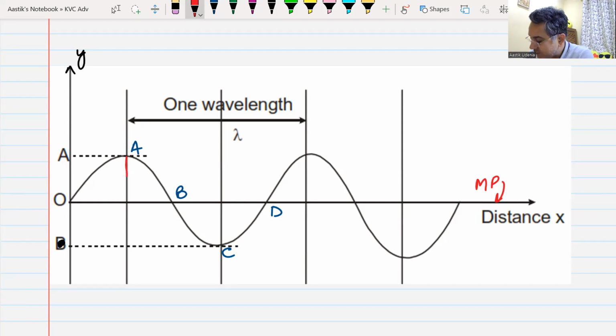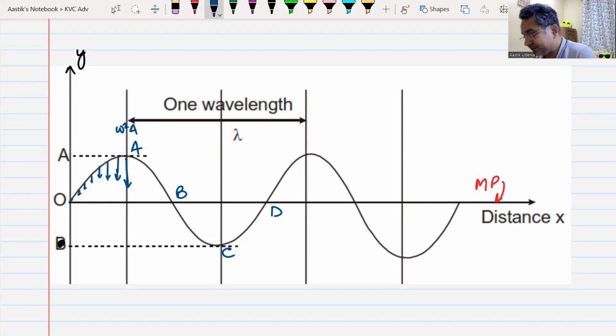A will have maximum acceleration, and the value of that maximum acceleration is omega square A. While I move from here to here, the acceleration slowly decreases, and at this point, the acceleration becomes 0. Do we understand this? Yes, sir.